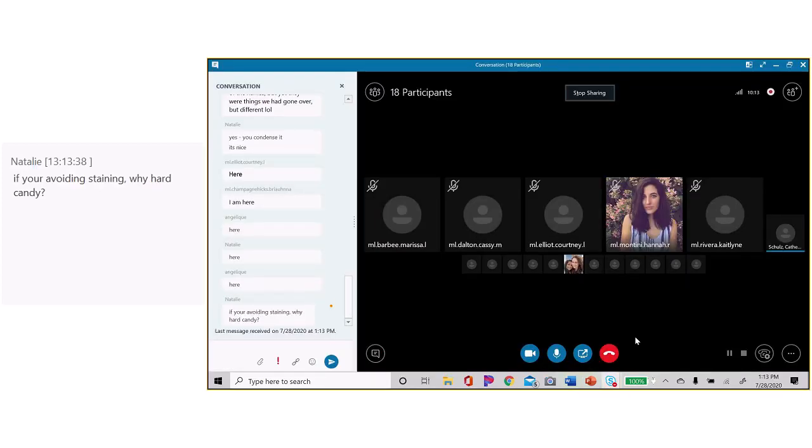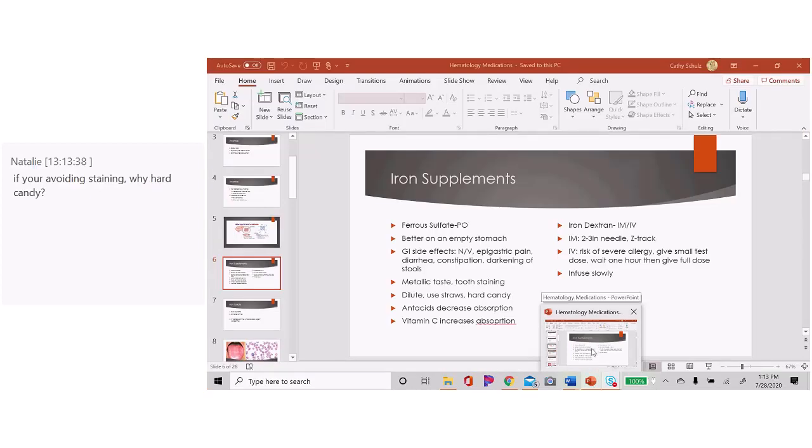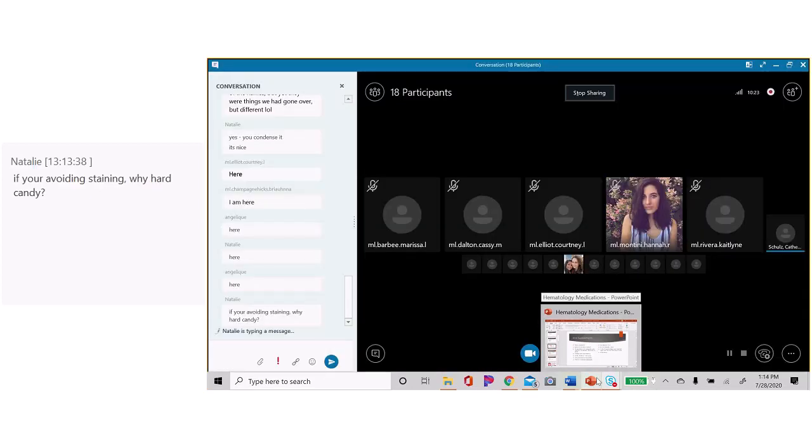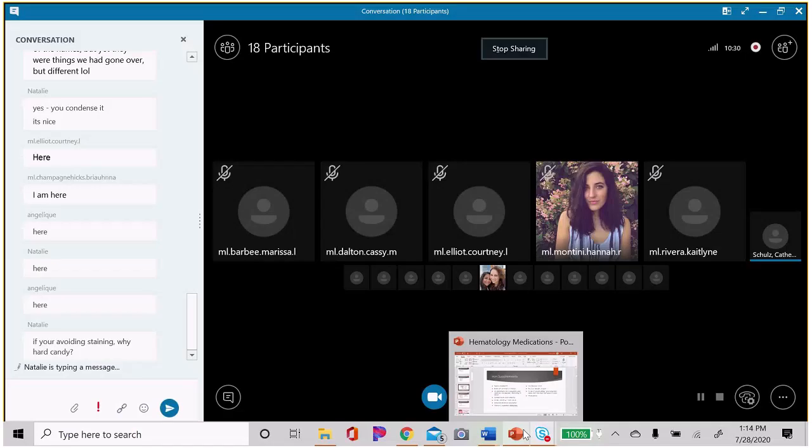The hard candy is to take away the metallic taste in your mouth. Sometimes people hate that feeling so much that they would stop taking the medicine, but if you suck on some kind of candy afterwards, that can help decrease that sensation.